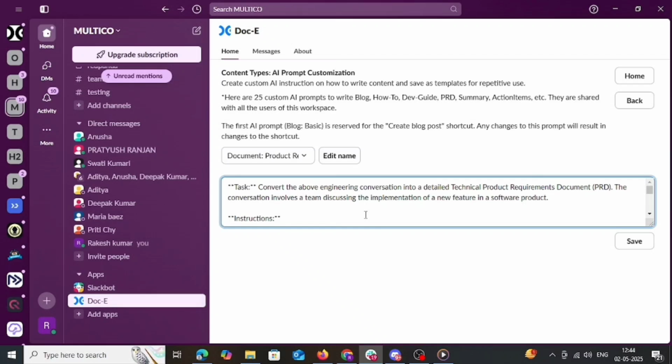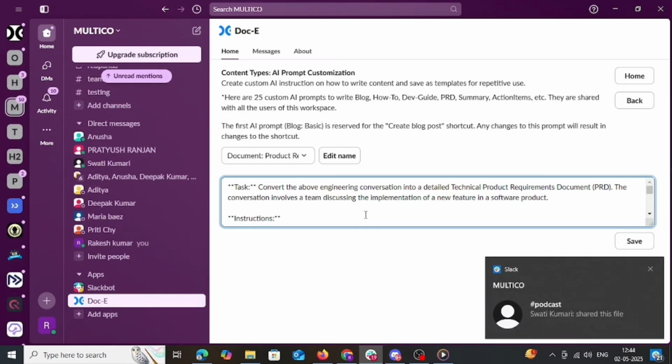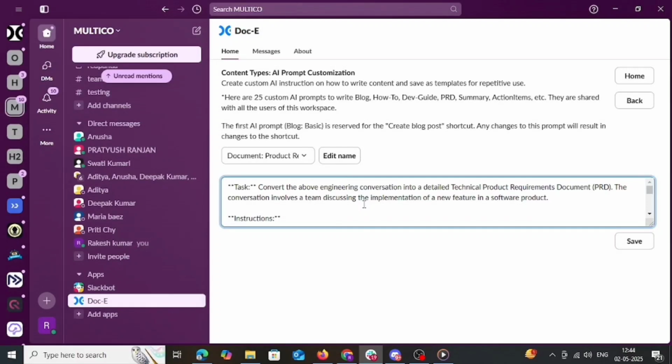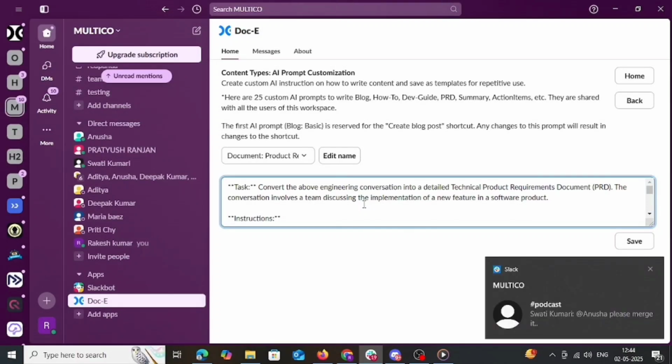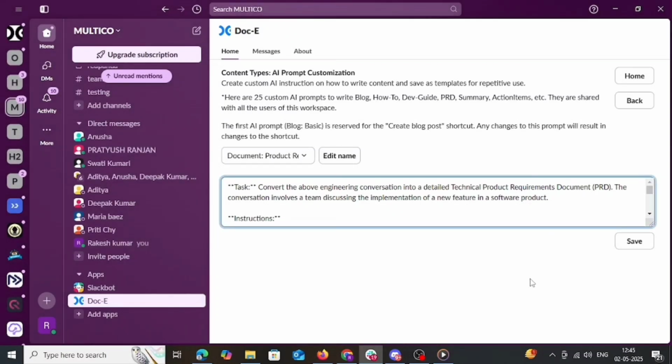You're kind of sidestepping that feeling of being overwhelmed by just loads of text that isn't quite right. I think the real takeaway here is that shift in mindset from passively just accepting whatever the AI spits out to actively shaping it. You become less of a recipient and more of a collaborator in getting the information right. A collaborator, I like that, ensuring it really hits the mark for what you need.